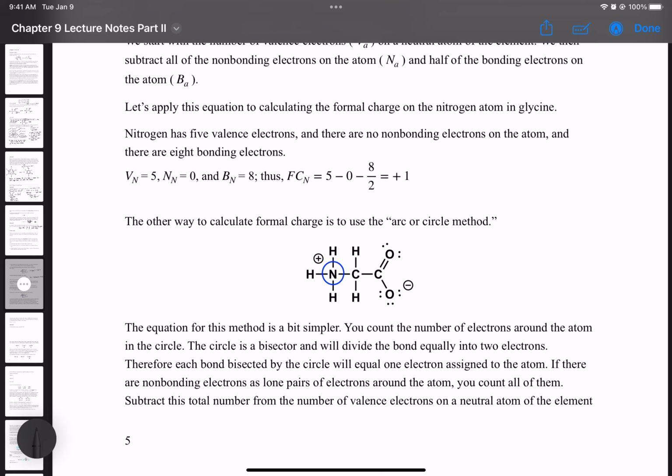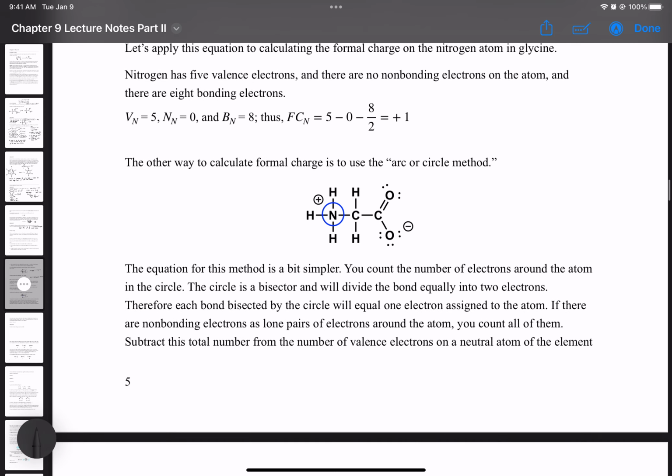We assume the circle is a perfect bisector, and it will divide the electrons equally, one electron per atom. So a hydrogen would get one electron, and a nitrogen would get one electron per bond it's involved in. So in this case, nitrogen will get 4 electrons as being part of a bond.